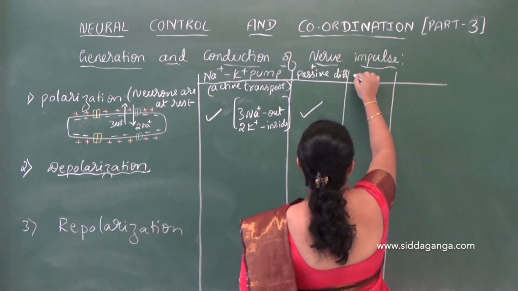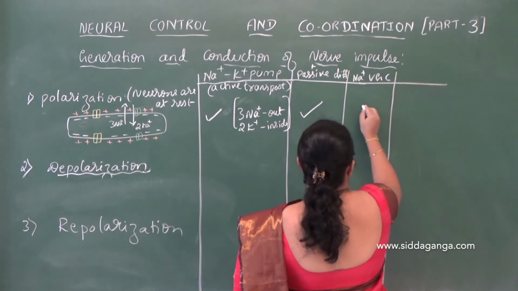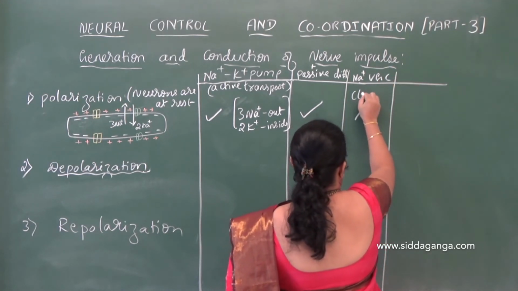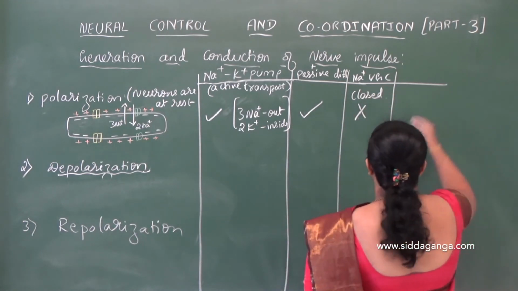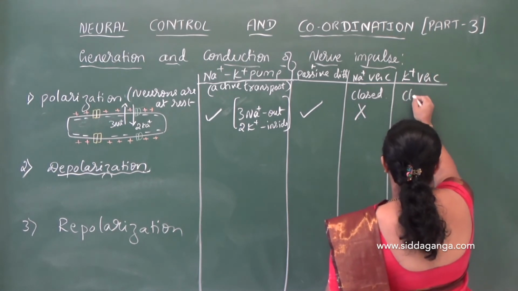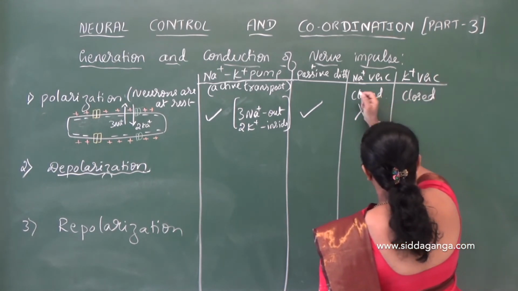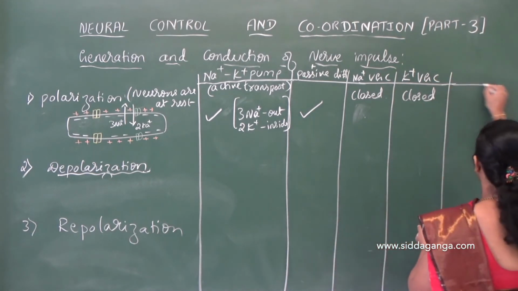And here the sodium voltage gated channel will be closed, and the potassium voltage gated channels will also be closed. And there is a potential difference.